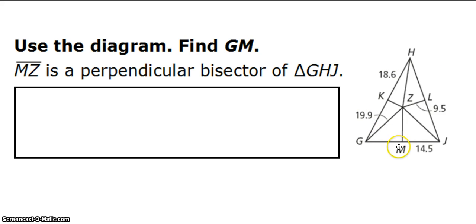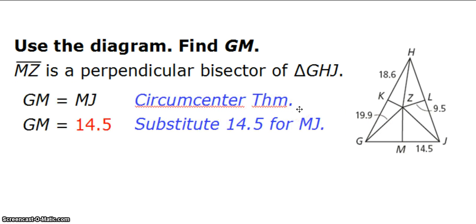It means that MZ has a right angle here, and it also means that it is cutting segment GJ into two congruent segments. Do we know either of the lengths, GM or MJ? We do, we know MJ. If MJ is 14.5, what can we say about GM? Yes, it is congruent. It is 14.5 as well.